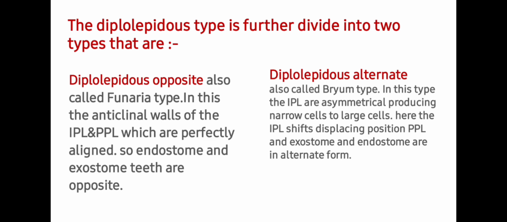In diplolepidous alternate, which is also called Bryum type, the inner peristomial layer is asymmetrical, producing narrow cells to the large cells. Here the inner peristomial layer shifts, displacing the position of the primary peristomial layer, and exostome and endostome are in alternate form. So in the opposite type they are opposite and in the alternate form they are alternate.